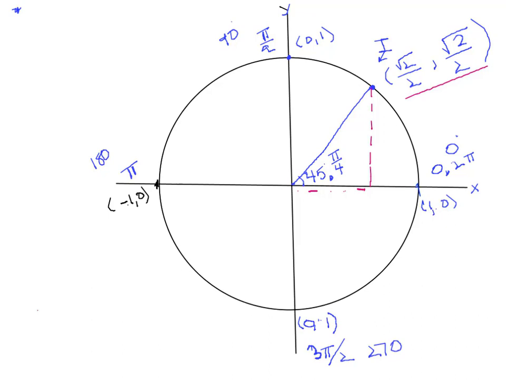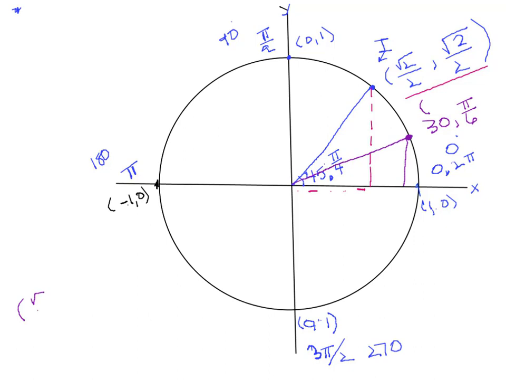Then we have this is our 30 degree or pi over 6 line, okay? 30 degrees, pi over 6. And the point that's attached to that would be, now here's how you remember, there's actually 3 points you have to memorize.